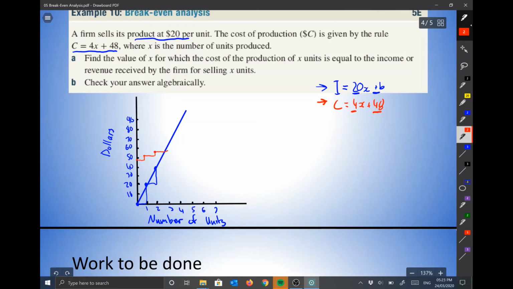Across 1, up by 4. And then we join up this line, and it seems like our lines are intersecting at 3 units.